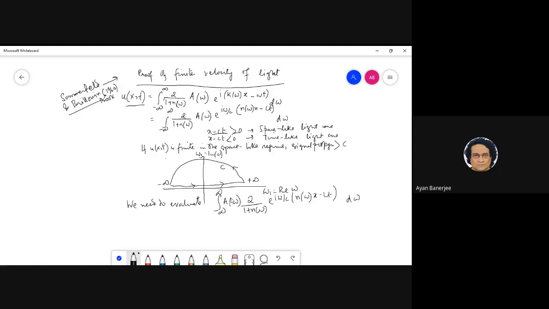And we will see that if you have x minus ct greater than zero, then we will not have any kind of solution. And obviously when x minus ct is less than zero, we can have solutions. But why x minus ct greater than zero is the upper half of the complex plane, there is a reason, sir.